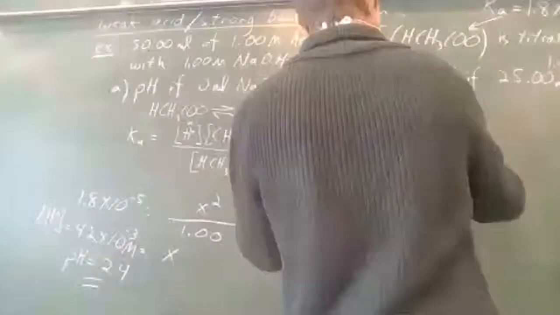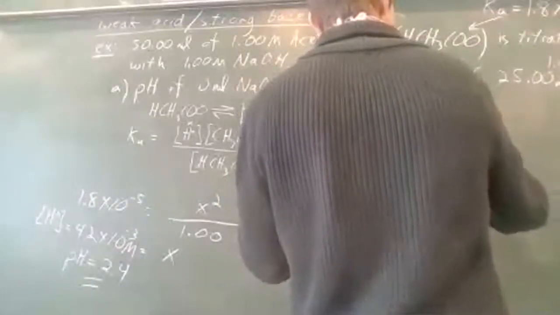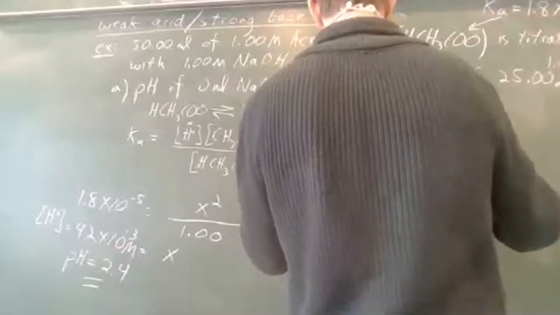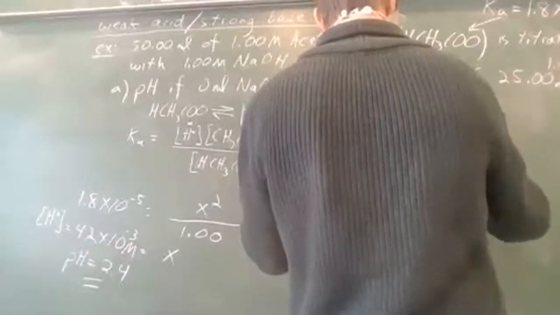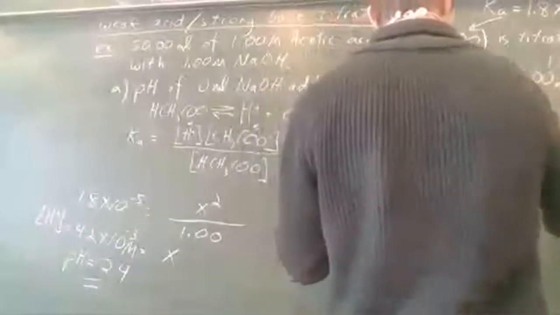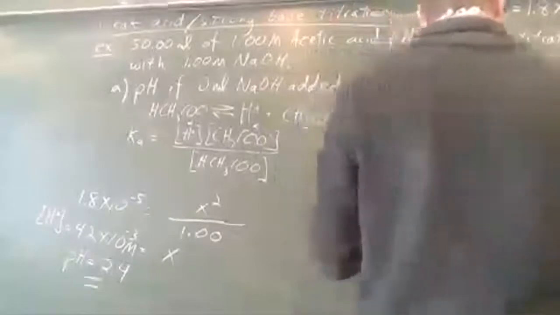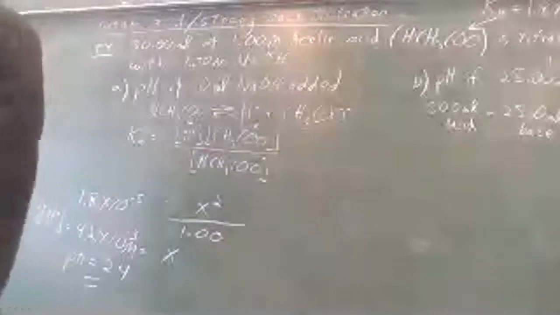Okay, let's. Well, if I got 50 milliliters of the acid plus 25.0 milliliters of base, what happens, folks? What's left, so to speak?